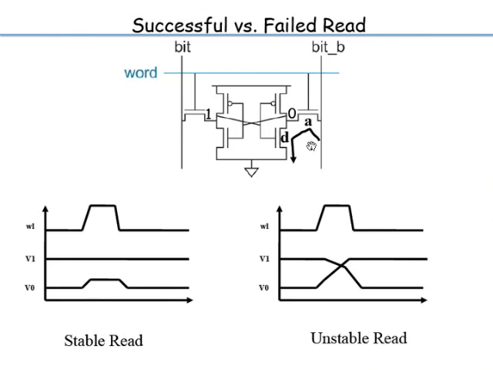Maybe when you read it once, it goes up, but it's not enough to trip this. But next time you read it, it goes up, and there is some other noise event which pushes it a little bit more, and then the whole thing flips. So this random flipping is definitely not a fun thing to deal with. It basically doesn't work, so this is something which you have to avoid.